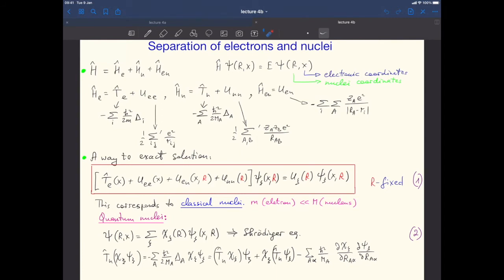So let's first act with this kinetic energy operator on this product of two functions, which appear in psi. If you perform this calculation, you will have to take account of the fact that not only the coefficients chi depend on the nuclear positions, but the electronic wave function also depends parametrically on these positions R. Therefore, when we apply the Laplacian to this product, we have to apply it to both terms. That's why you have these three terms, because this is a second order operator.